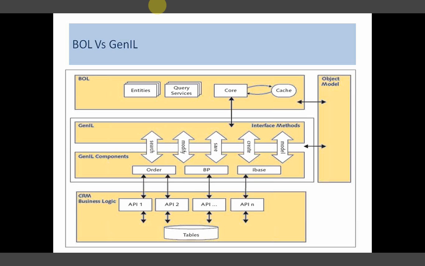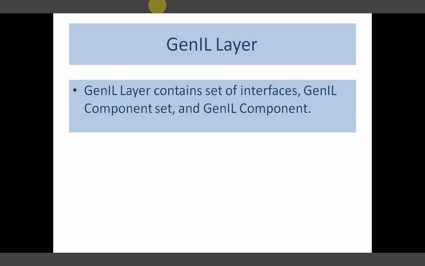So again, why do we need a Genil object model? The Genil component interacts with the APIs to fetch the data. Once it has the data, that data should be processed or stored temporarily somewhere. For that, Genil components use object models, that is, Genil objects.